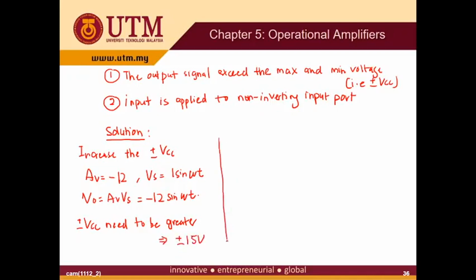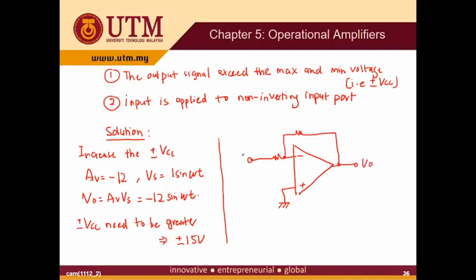That is the first solution to avoid the clipping effect. The second solution is to change the configuration, changing the connection so that the input will be at the inverting input port. The correct configuration is done without changing the resistor values, as instructed in the question.